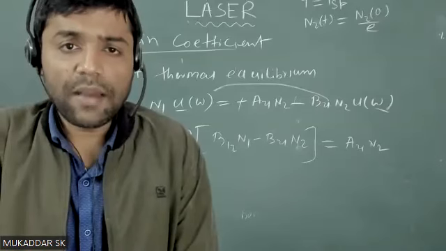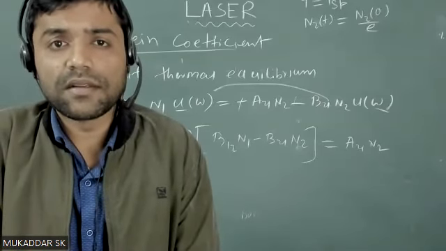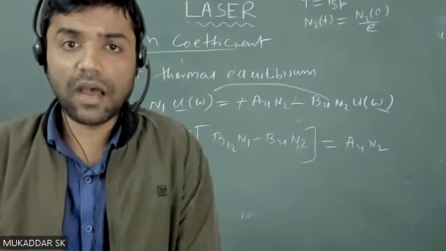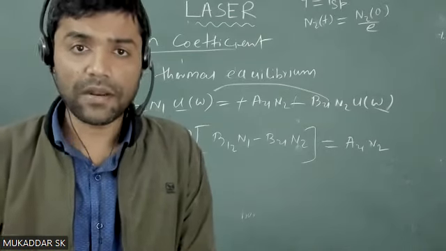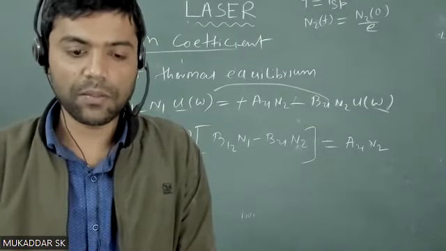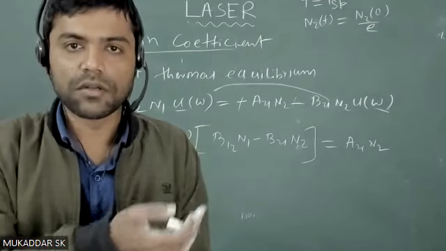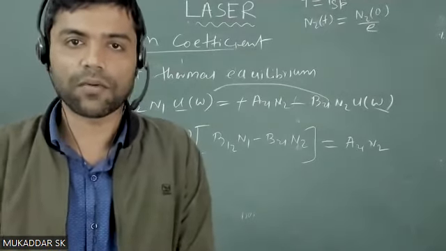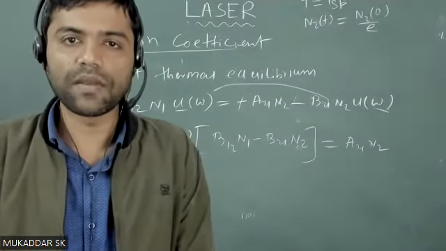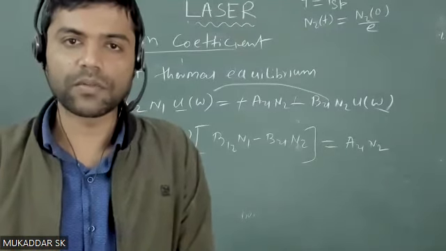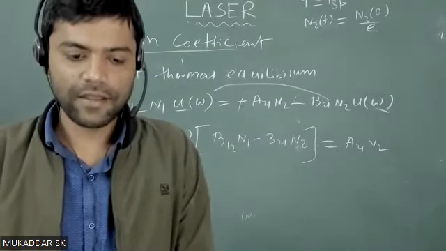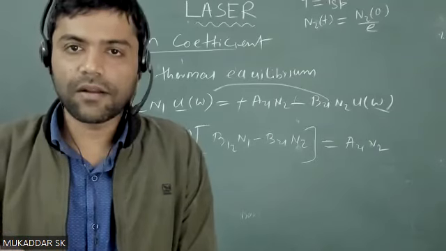Because it is not happening spontaneously. Stimulated emission itself says it is not happening spontaneously. It is happening because of the incoming photon. So the higher the photon density, obviously the more stimulated emission and stimulated absorption there will be.